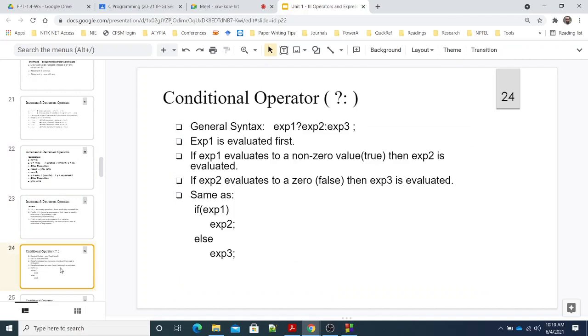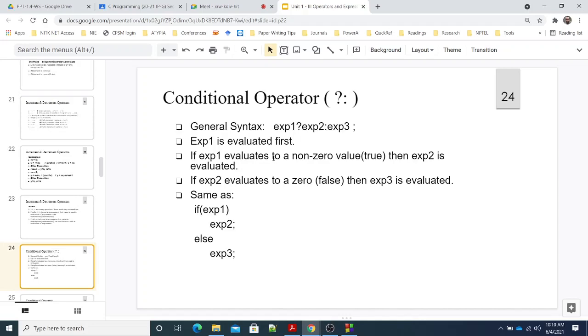Next we move on to another interesting operator which is known as the conditional operator. So far we have learned unary operators and binary operators. Unary operators: plus plus, minus minus, positive symbol plus, negative symbol minus. Any other unary operator we studied? Not operator.